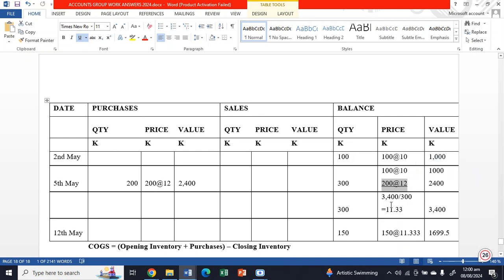Now, unlike the FIFO or LIFO method, where you would go to the next transaction after you've separated them in layers, here we're going to calculate the average cost of the goods.